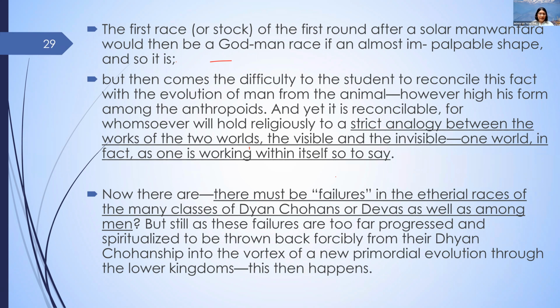So what do we mean by failures of evolution? See, at the human stage, evolution is always evolving. The spirituality is progressing. The human is becoming more and more spiritual.